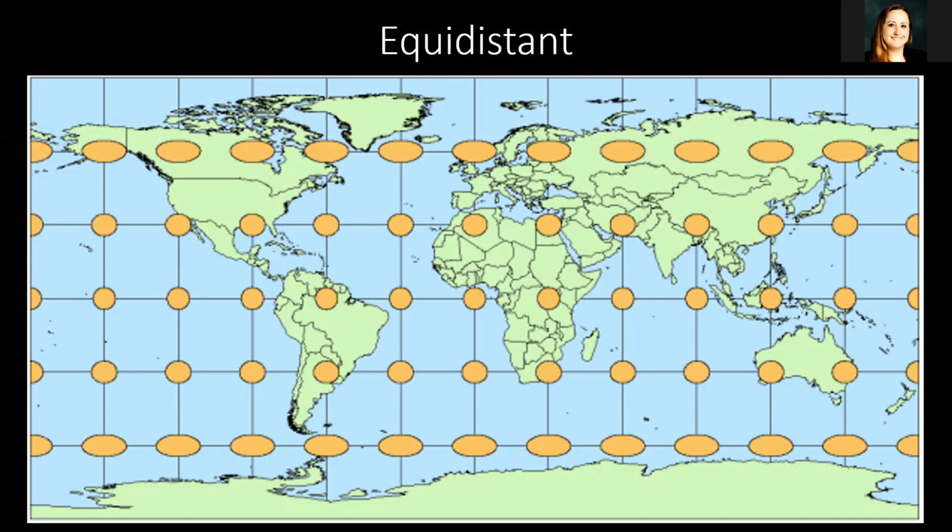Like with all projections, the further you move from the point of contact, or the equator in this example, the more distorted it becomes. You can see that in the picture on the slide, the original circles have become distorted in both size and shape. The size gets larger as they move towards the poles, like in the conformal projection, but they also change in shape, like in the equal area map, to form ellipsoids.